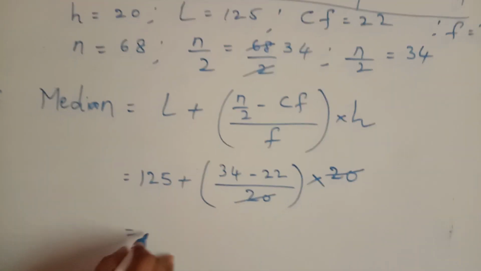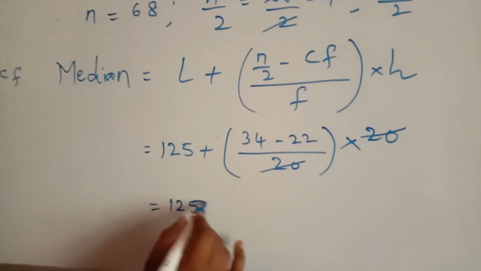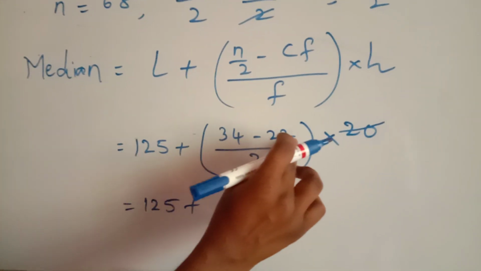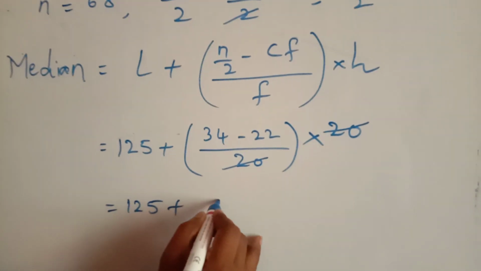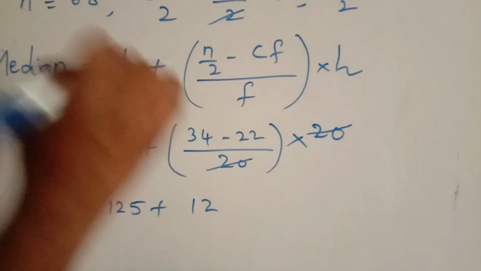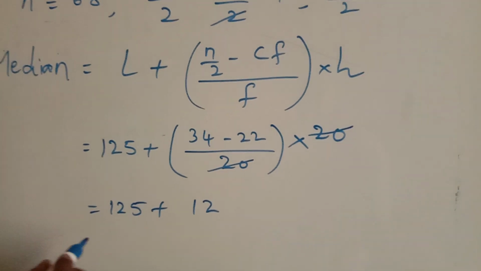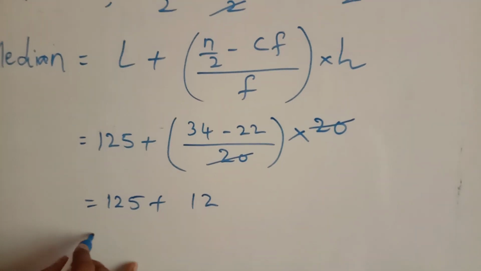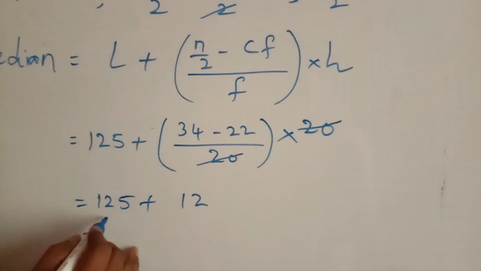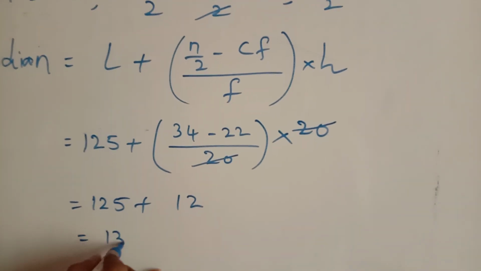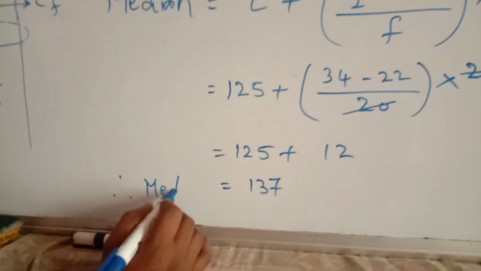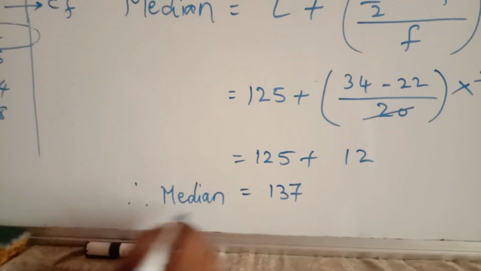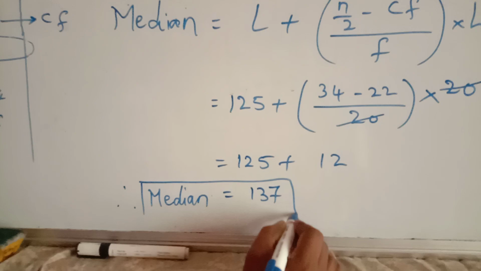So 125 plus 34 minus 22, which is 12. By adding these two, 125 plus 12 is 137. Therefore the median is equal to 137.